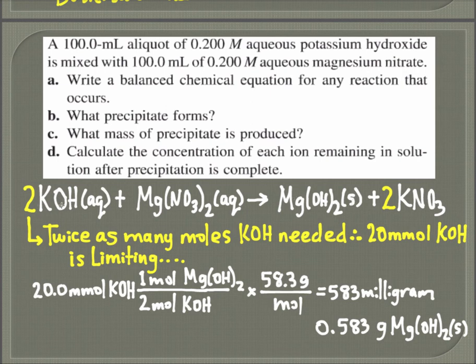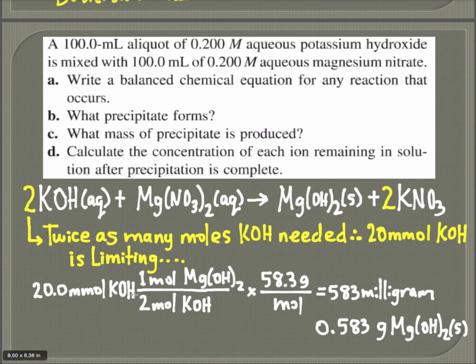Twice as many moles of KOH are needed, and I don't have those. I have 100 milliliters times 0.2 molar, that's 20 millimoles of KOH and 20 millimoles of magnesium nitrate. So since I really need twice this number, I don't have it. I would like 40 millimoles of KOH to react with 20 millimoles of magnesium nitrate.